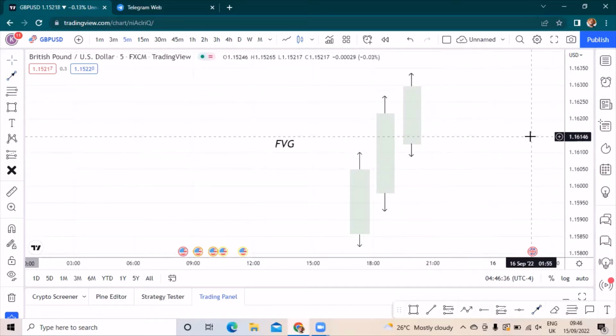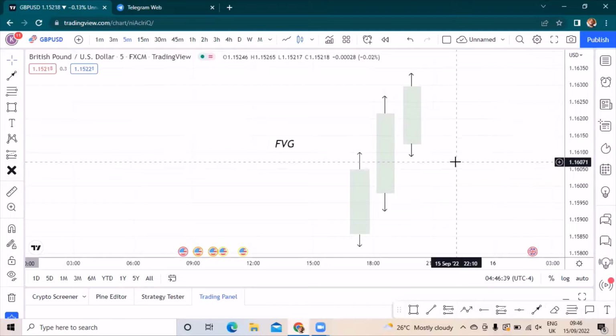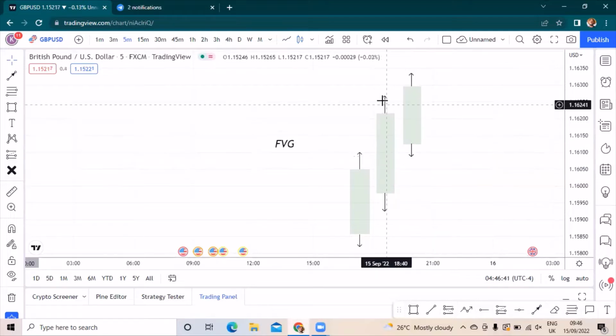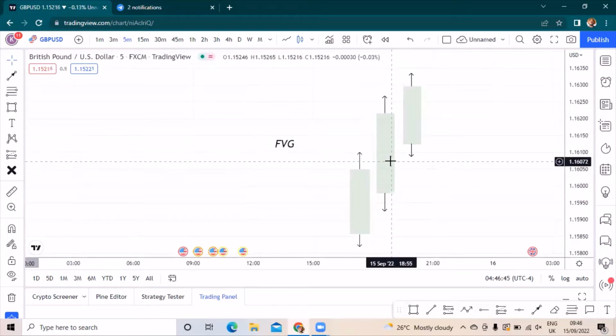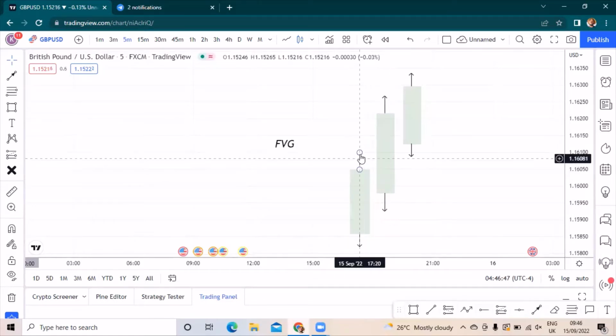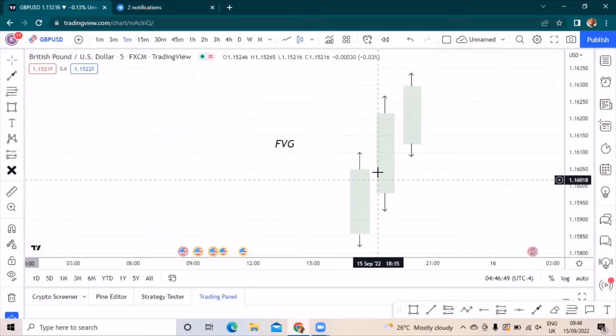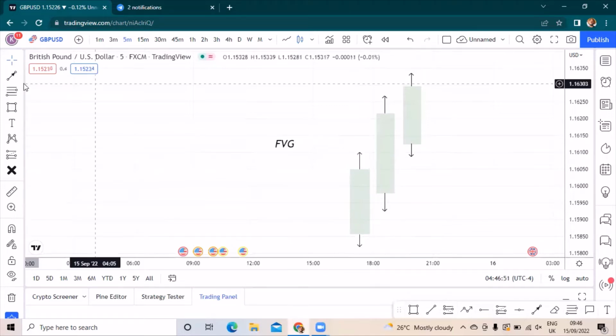Watch what we are referring to, which is the middle candle. If you see, the previous candle before it had a wick and covered this candle up to this level.